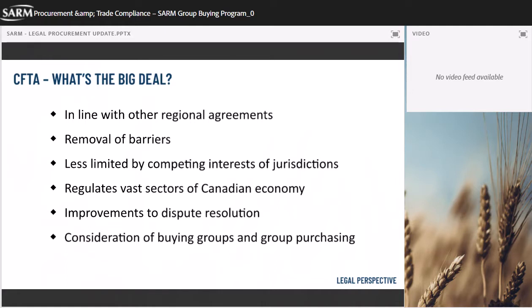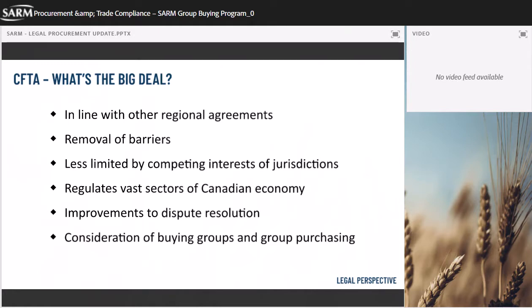The CFTA is a bit more rigid and specific in how it's worded. With respect to dispute resolution, the CFTA is putting more positive requirements on provinces to ensure that there's enforcement and that there are enforcement bodies in place. So that's something that's changed as well.